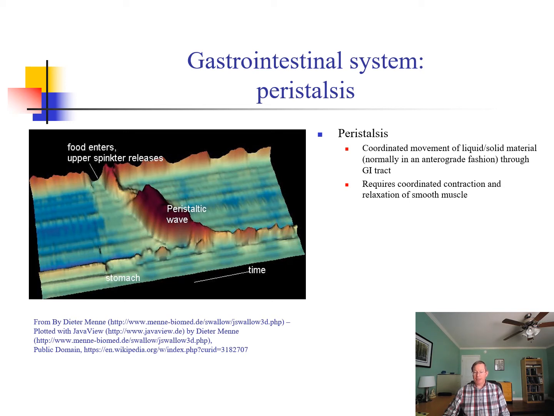And what you see is that there is a coordinated way of moving food and moving this pressure wave down as we move that bolus of food. What that does is it requires coordinated contraction and relaxation of the smooth muscle. If you have a food bolus in one location, you have to be able to contract proximal to it and relax distal to it so that it can actually be moved down. This is a very complicated procedure, but fortunately for us, it's handled autonomically. It's handled through the autonomic nervous system as well as the enteric nervous system and the hormonal control.